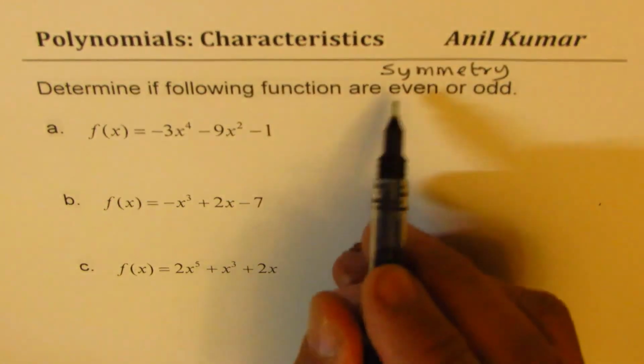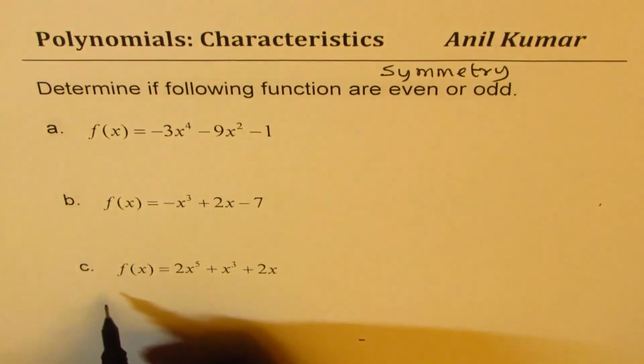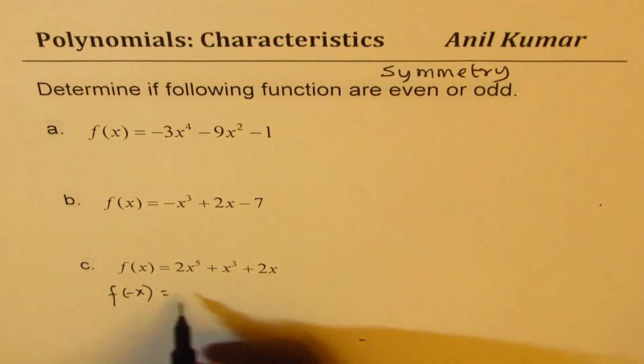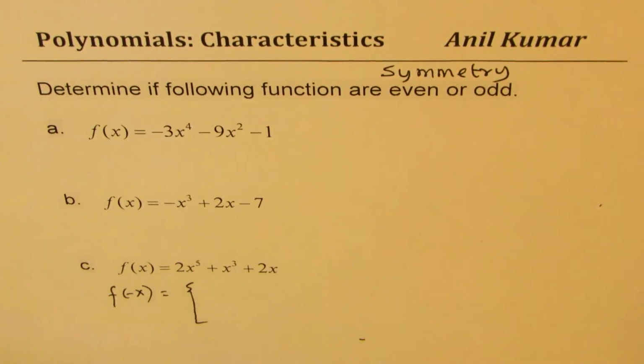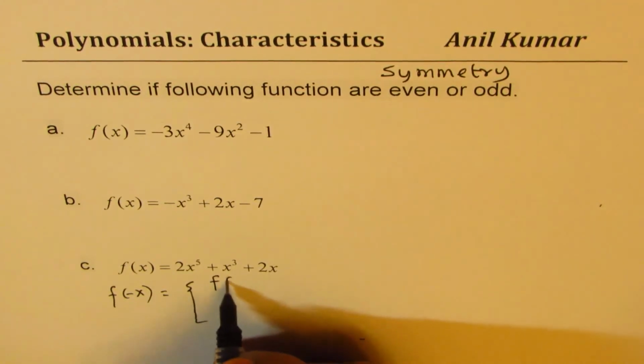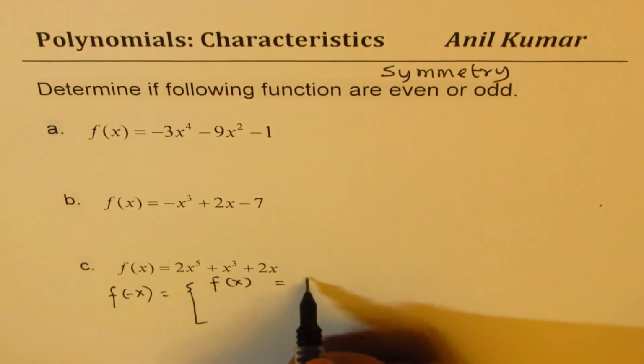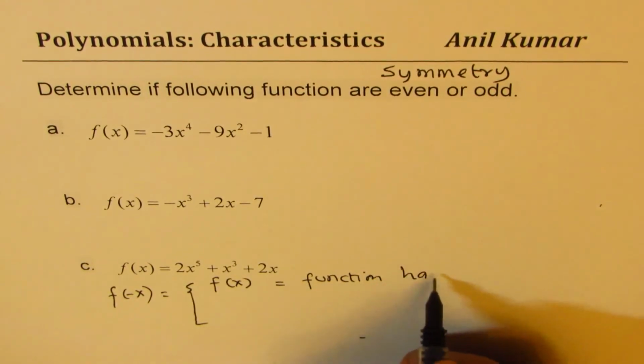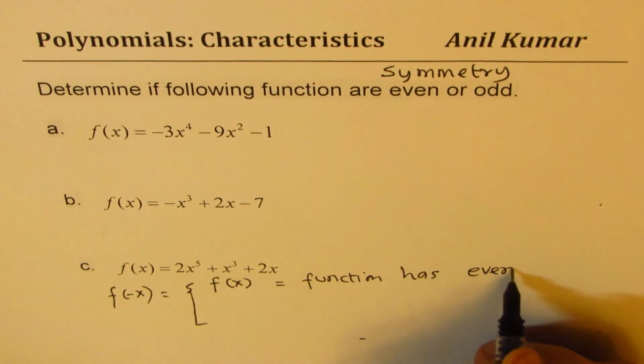So let me define here what we mean. We try to figure out what is f of minus x. Now it could be either of these conditions. If it is the same as f of x, we say that the function has even symmetry.